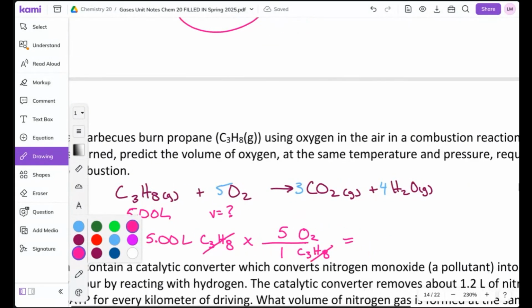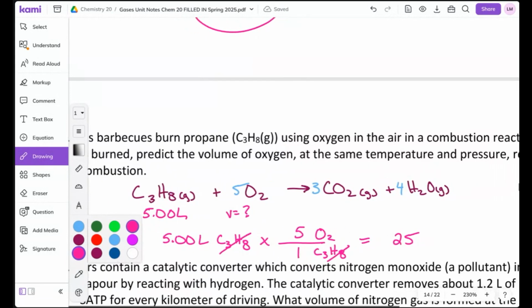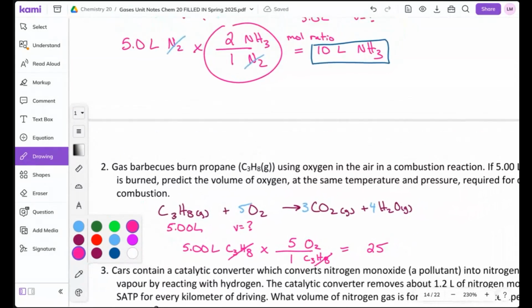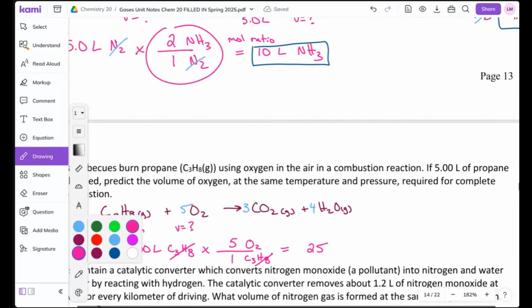So 5 times 5 divided by 1, that's going to be 25. And I want to make sure I have the appropriate amount of sigdigs. So this number right here has 3 sigdigs, so I'm going to go 25.0 because I want to keep the same value but make sure it has 3 sigdigs. Liters of O2. And that's that.